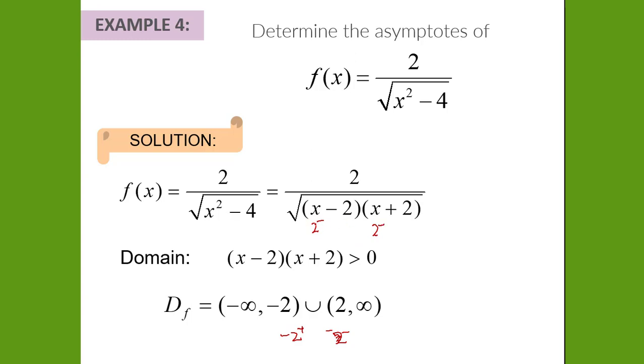This one is less than 2, 1.99 minus 2. Confirm this one is a negative answer. This one is positive. So negative times positive is negative, so it is undefined.